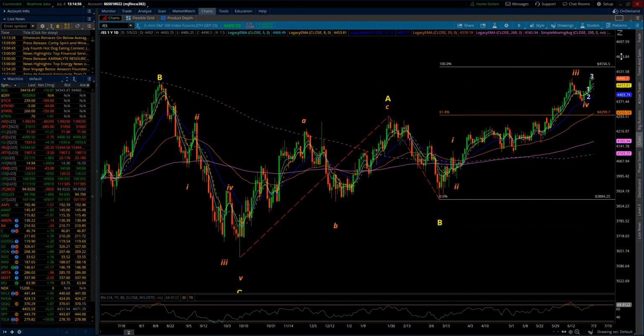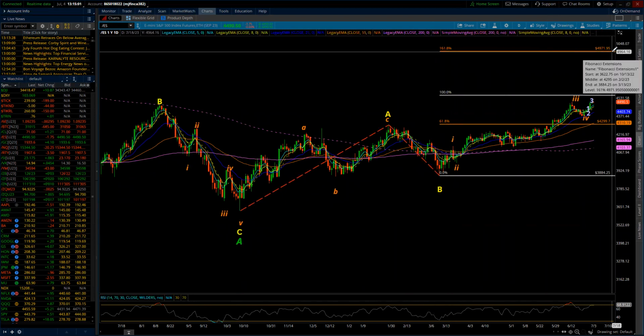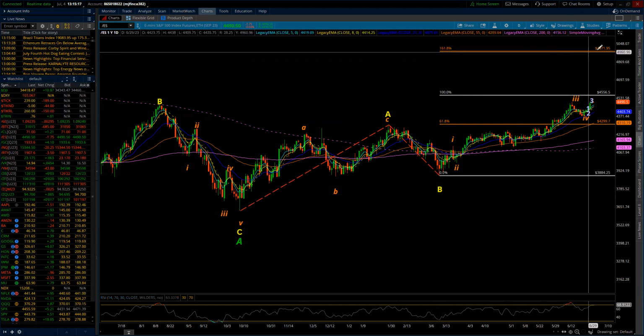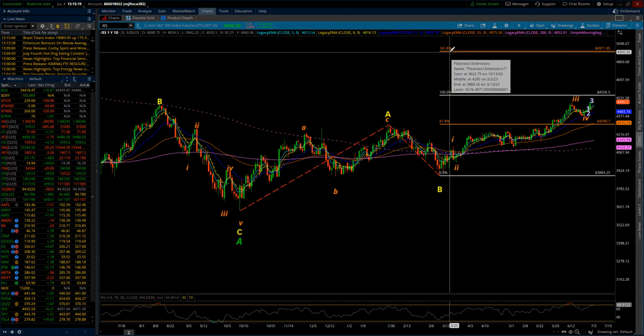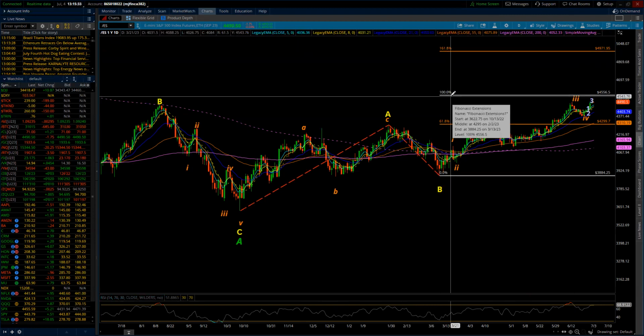Now, what's above that? 1.618. And that's where we start to drop into, on a larger scale, where this entire primary B wave turns into an irregular B wave and produces new all-time highs. That remains in the technical picture merely because of the fib level. What are the probabilities? Too early to say. We haven't even gotten to the minimum or the most common.